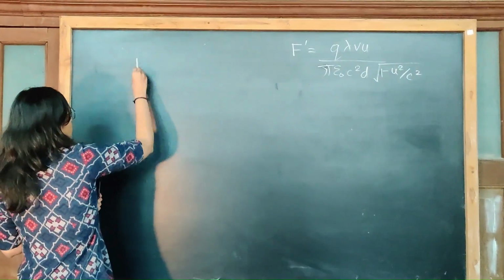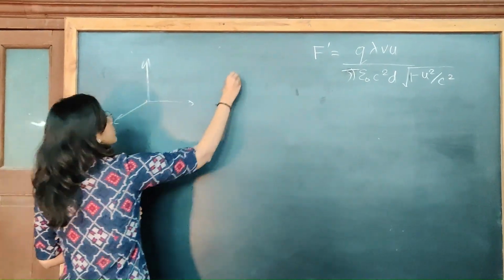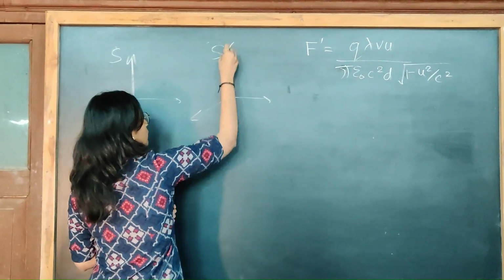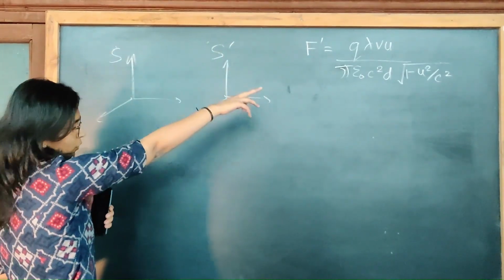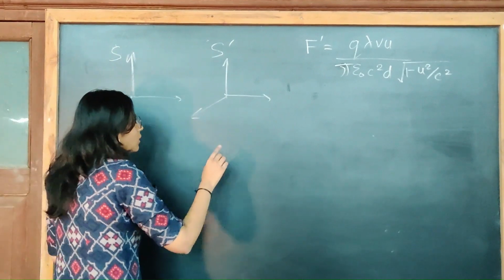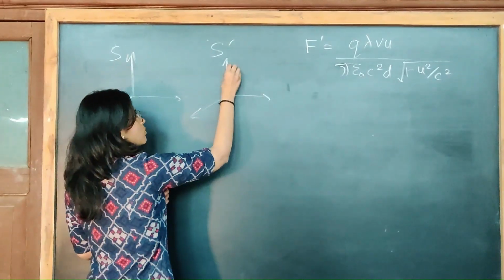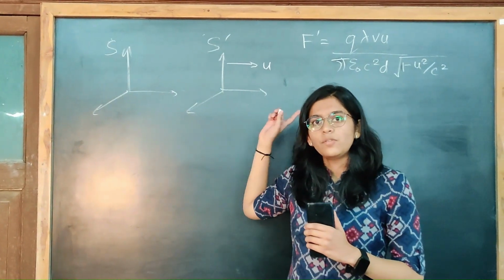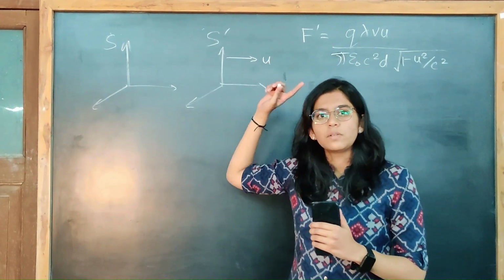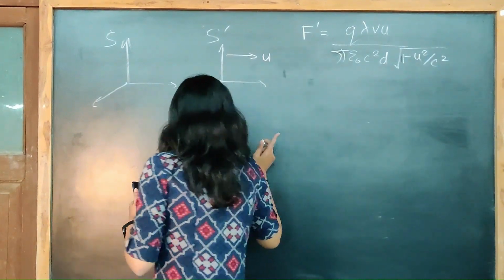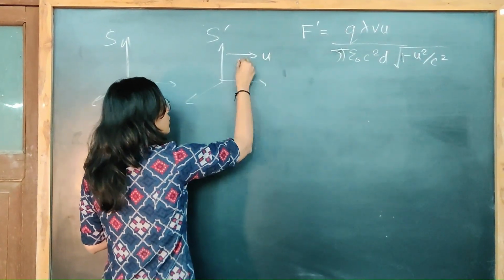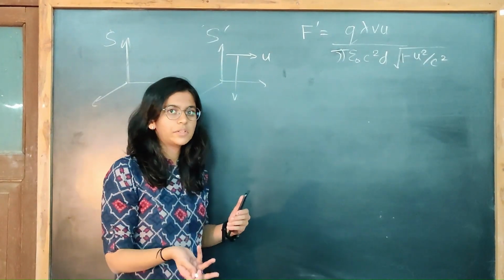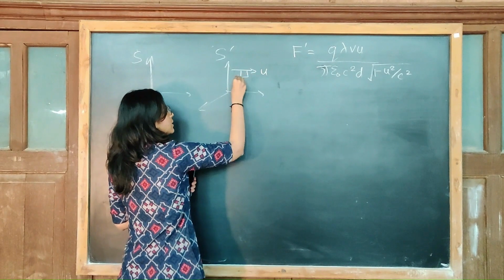Consider two frames as we have. This is say the S frame and this is the S prime frame. This F prime force is acting in this frame. With respect to S, this S prime frame is moving towards the right with velocity u, because remember, we were observing from the perspective of the white ball, which was moving towards the right with velocity u. We have this F prime force, which is electric in nature, therefore it is repulsive, and as we saw in the video also, it is perpendicular to this velocity.